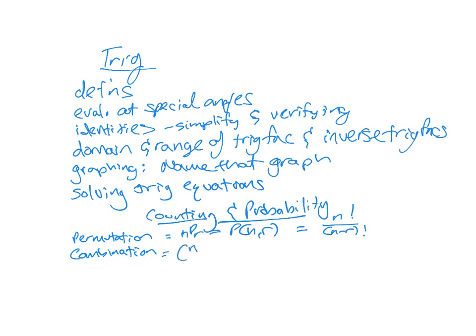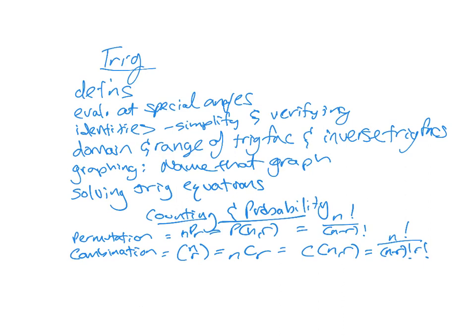Combination, I prefer the choose notation, but on your calculator, it's nCr, or could be C(n,r). And that formula, it's a permutation, but you're dividing out order, the number of ways of arranging the r things. So it is the permutation formula divided by the number of ways to arrange the r things you choose.